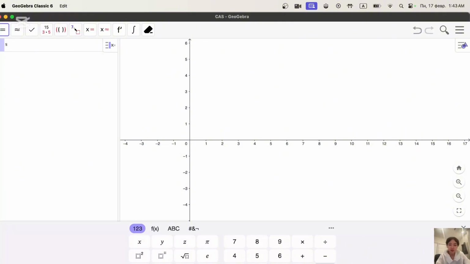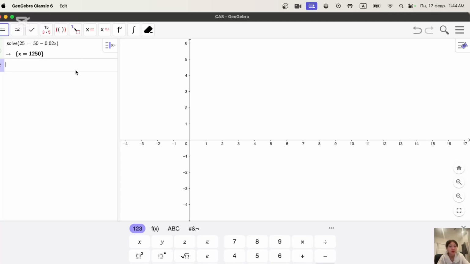Enter the equation. So let's press enter and see the answer. x equals 1250.